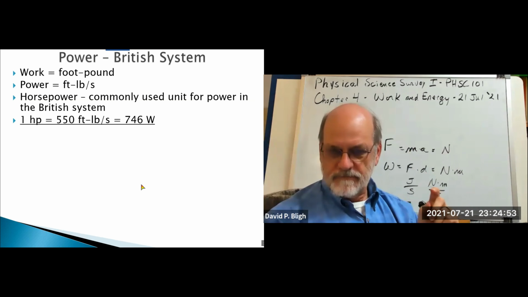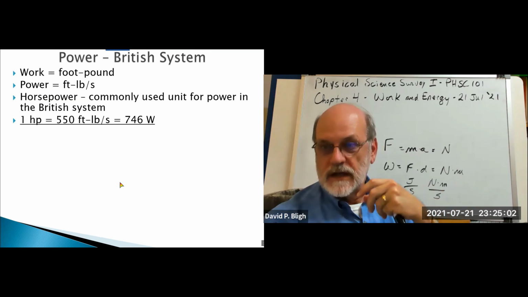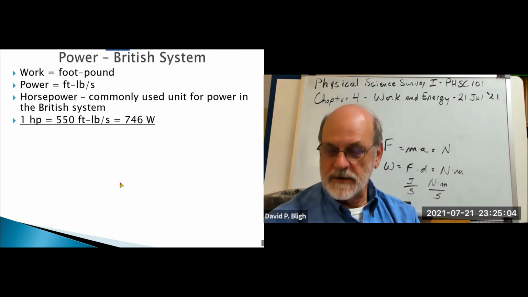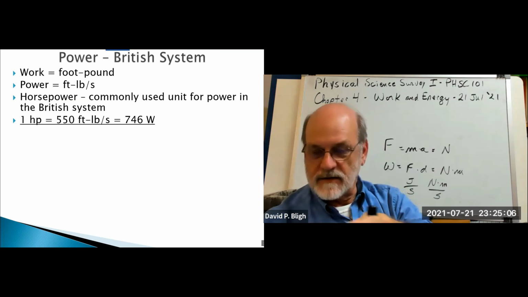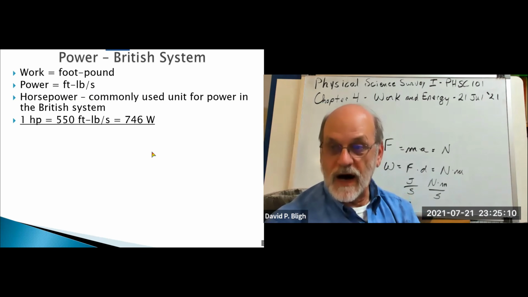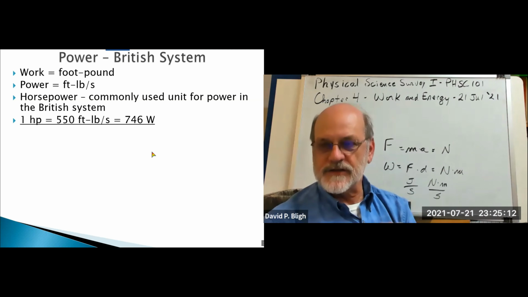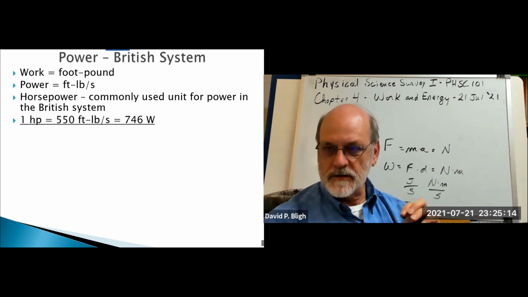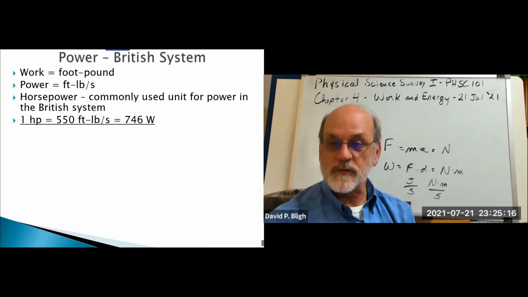So they set up experiments, and they said, how much energy, how much work in a period of time can this horse do? And they equated that horsepower to the new value of watt. And then they could sell their steam engines in terms of horsepower. What is its equivalent horsepower?